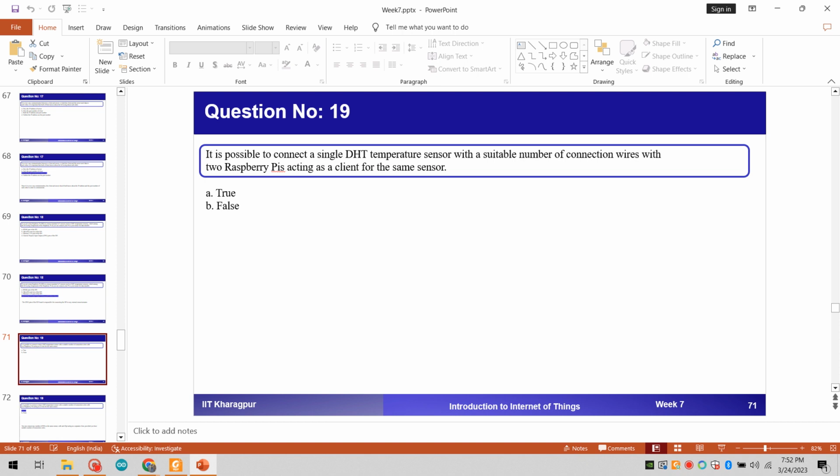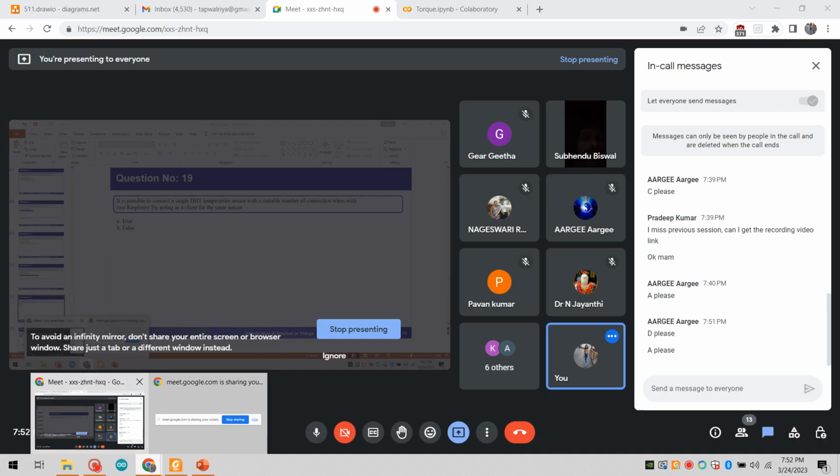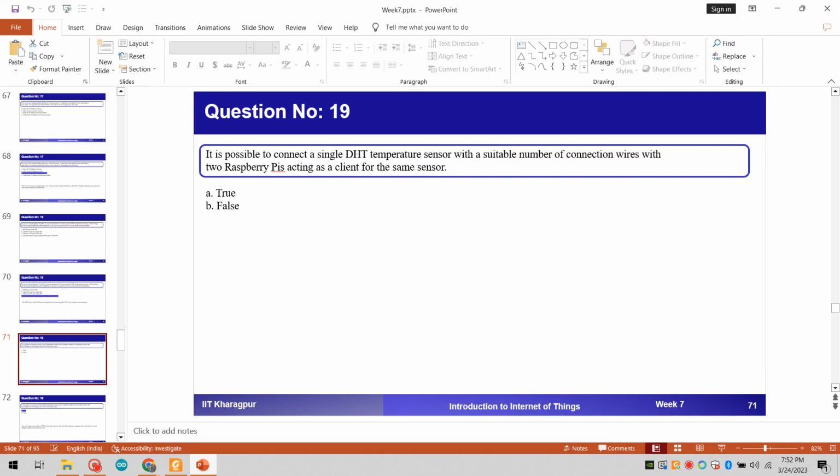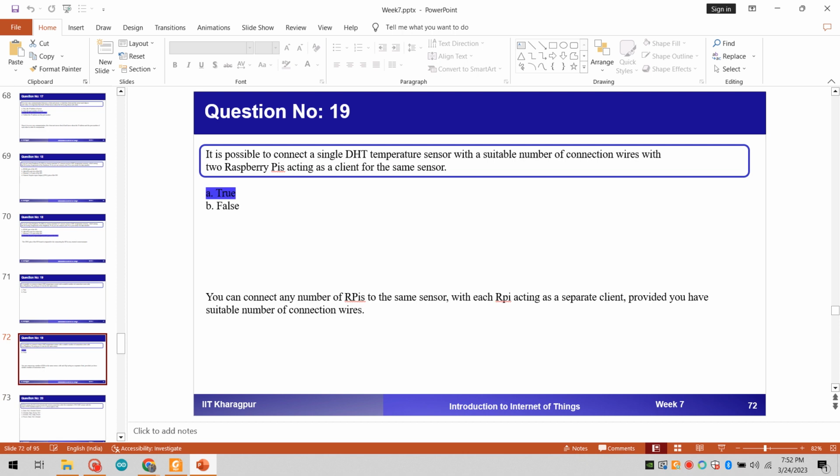So is it possible or not? A. Okay, anyone else? The correct option for this is A, that is true. So you can make multiple connections.